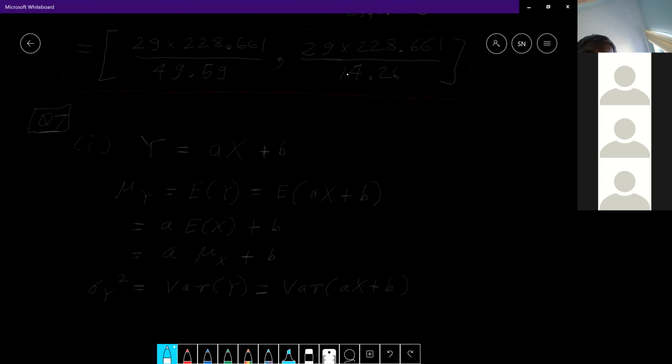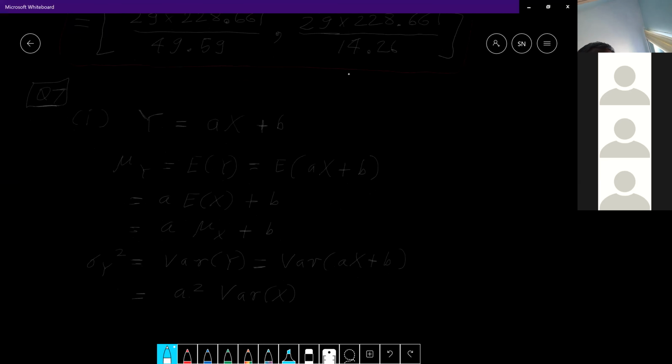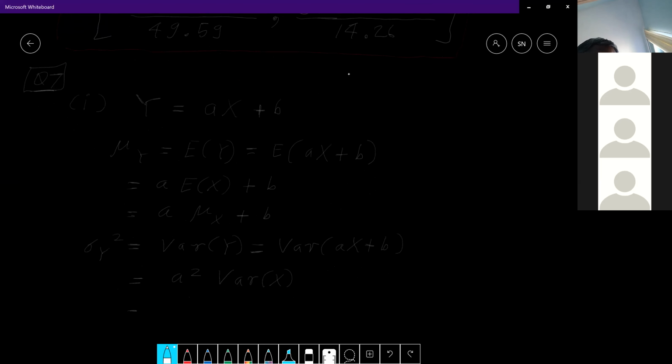Now the variance of ax plus b, I'm sure all of you know, is a squared times the variance of x, and the variance of x is denoted by sigma x squared.